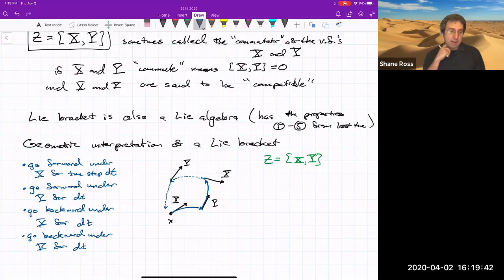It doesn't actually take me back to the original point. There's a little bit of displacement.